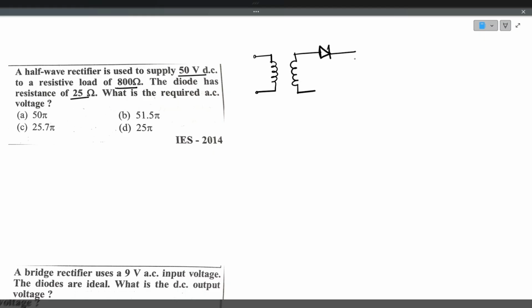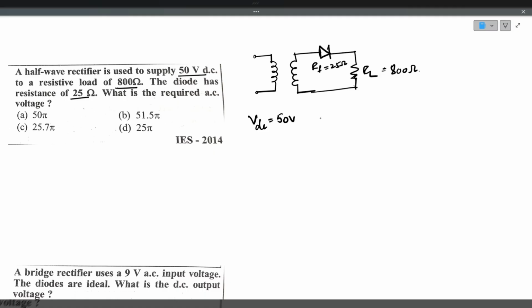A diode D is placed and this is the load resistance RL. He has given load resistance RL equals 800 ohms, diode forward resistance RF equals 25 ohms, and output DC voltage as 50 volts.